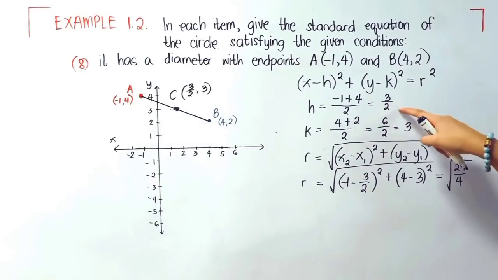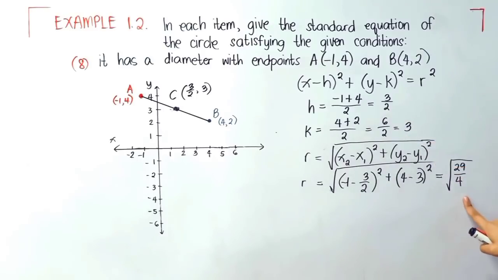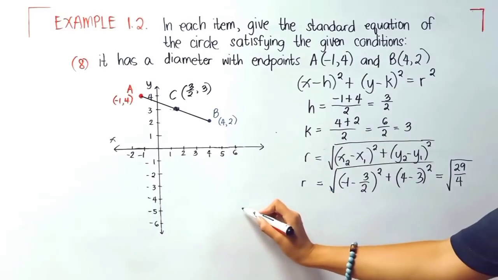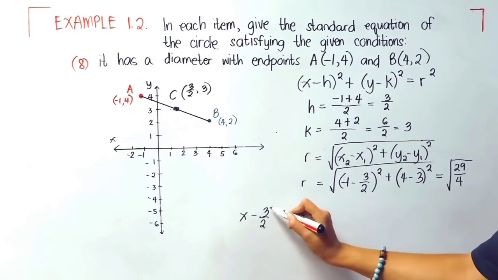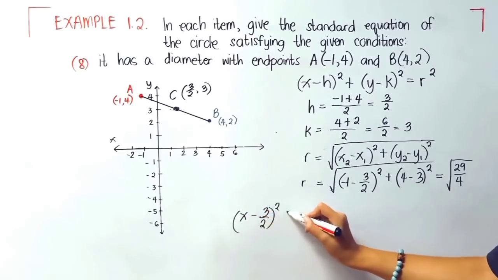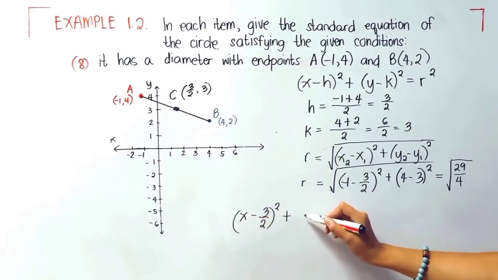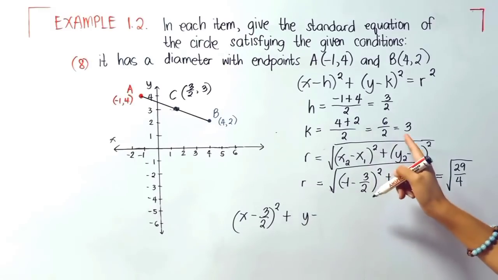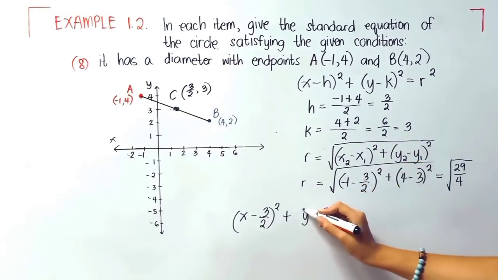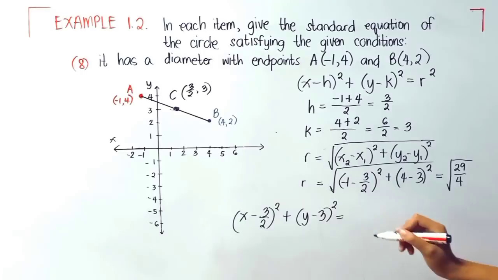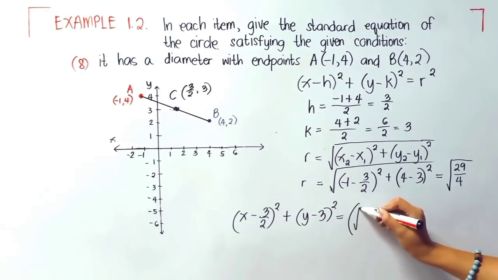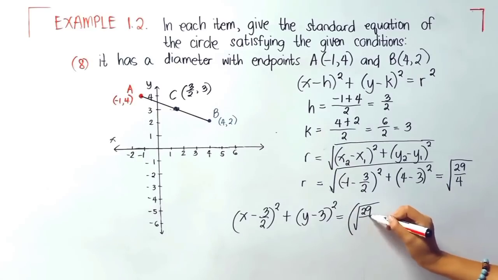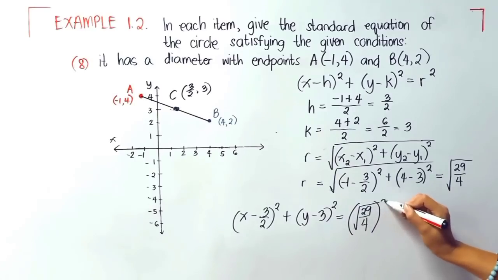Since we have now our h, our k, and our r, we can now substitute this one here. So our standard equation is x minus 3 over 2 quantity squared plus y minus 3 quantity squared is equals to the square root of 29 over 4 raised to 2.